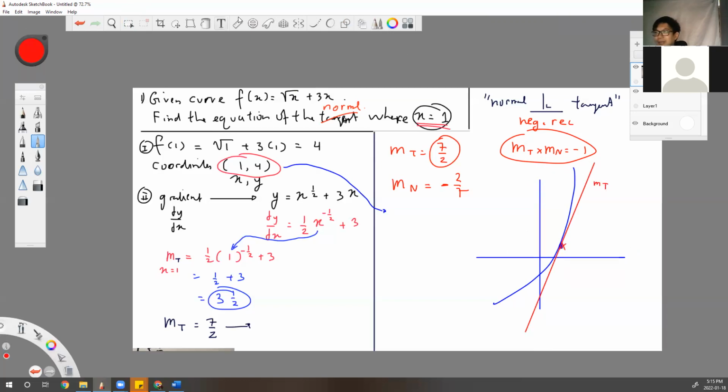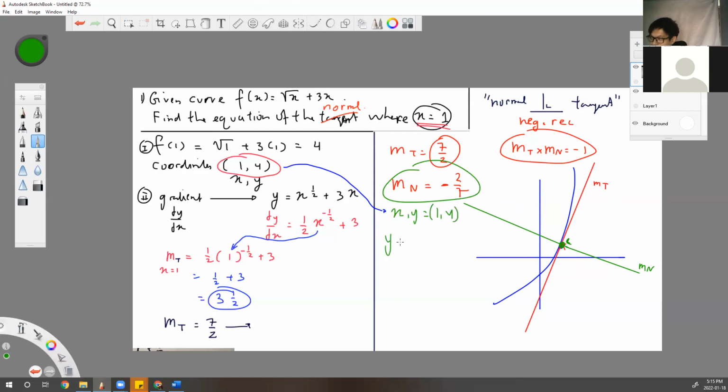What is the normal line? The normal line is always 90 degrees from the tangent line at a certain point. This is the point. It can be elongated depending on how much you need. See, they share the same point. So mn is -2/7. The point is (1,4).